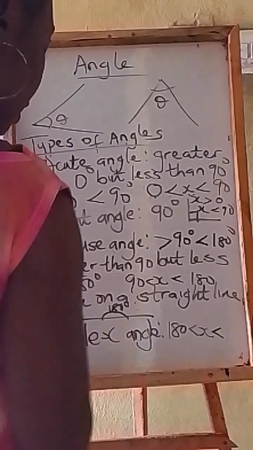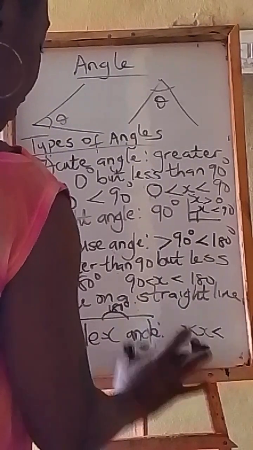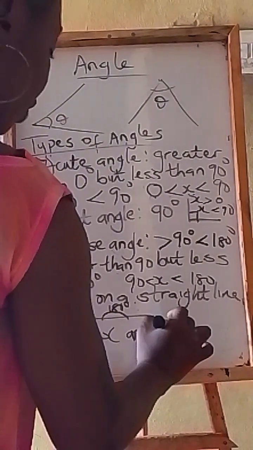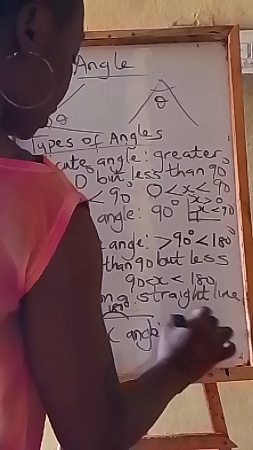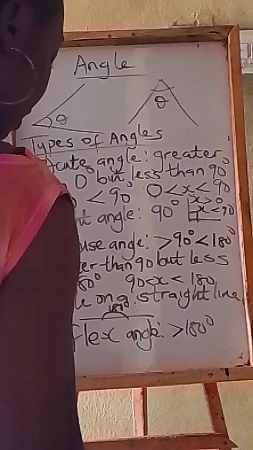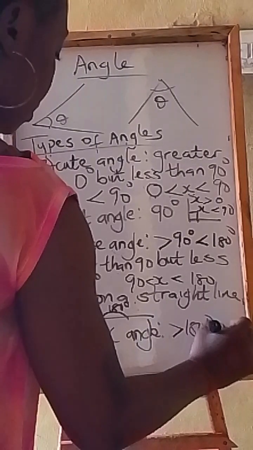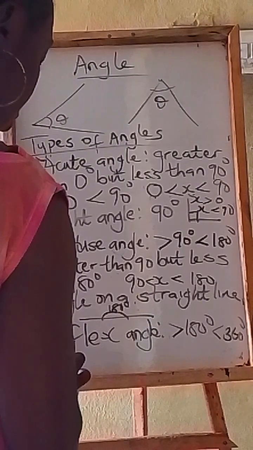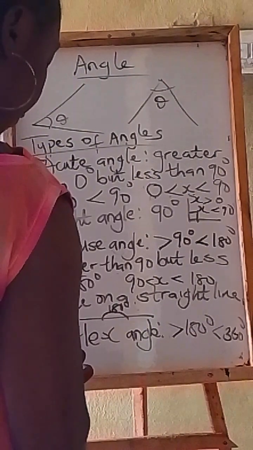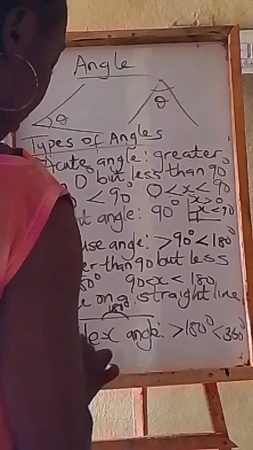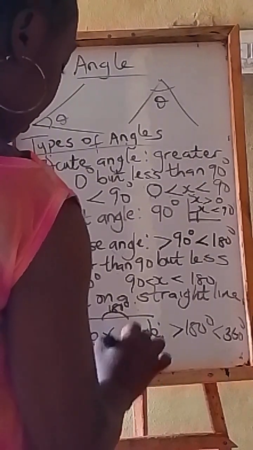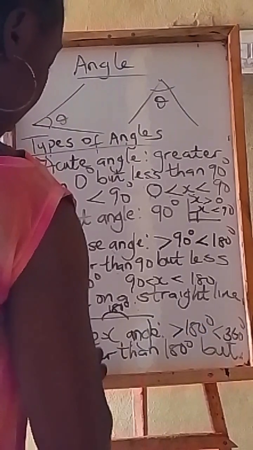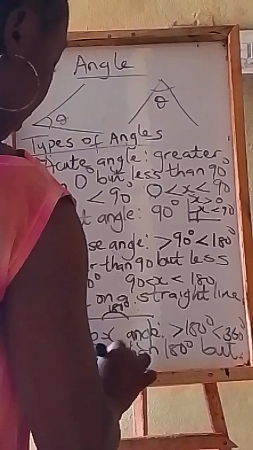A reflex angle is always greater than 180 and less than 360.